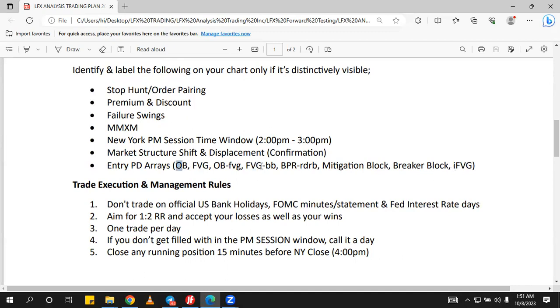So these are the techniques that I look out for in my M3 time frame to get an entry within the PM session. And usually, the more techniques you have, the more confident you are and you're not scared of missing out on an entry because you know what you're looking out for.